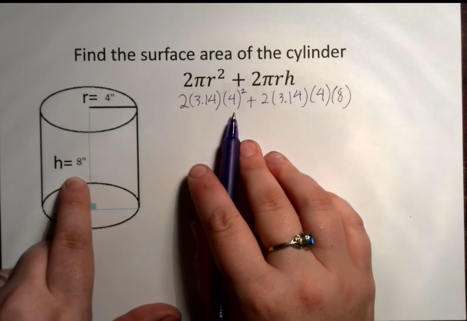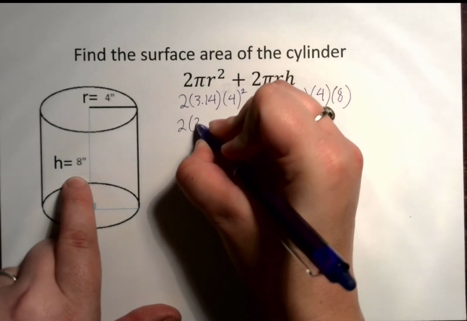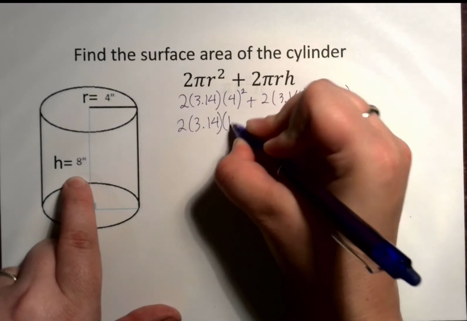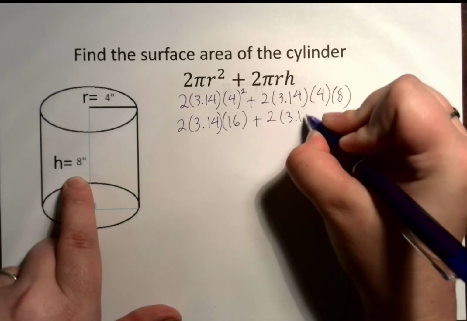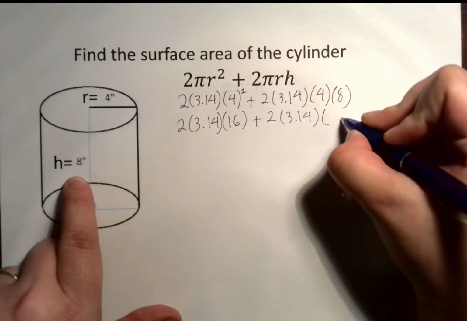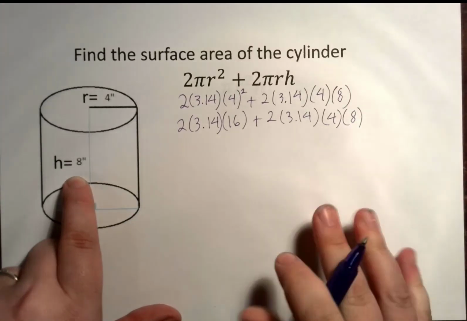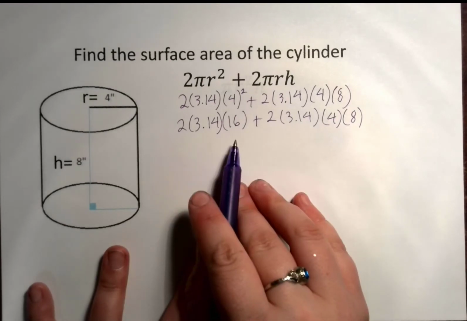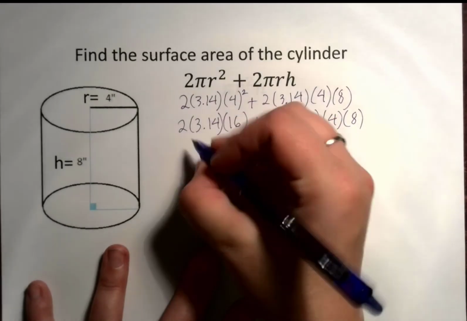Always do our exponents first. So 4 squared is 16. Okay, so I'm going to do my multiplication. So 2 times 3.14, which is 6.28.